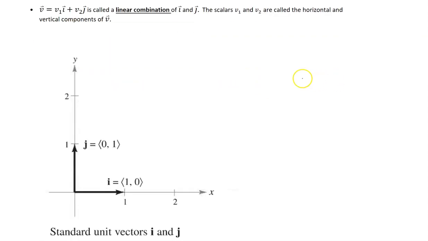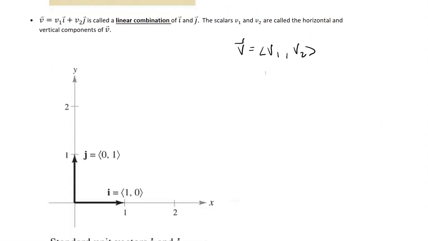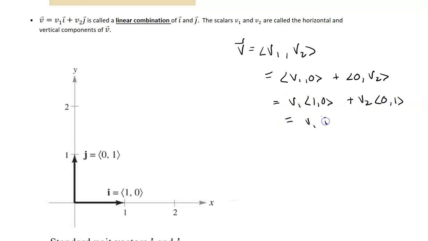So if we have a vector, for example, v equals <v1, v2>, what we do is we write that in terms of i and j. If you break this down into its components, you could write it as <v1, 0> plus <0, v2>, or v1 times <1, 0> plus v2 times <0, 1>, or v1 i plus v2 j.